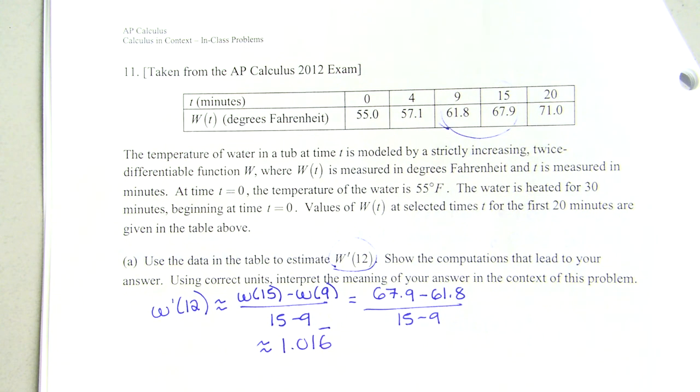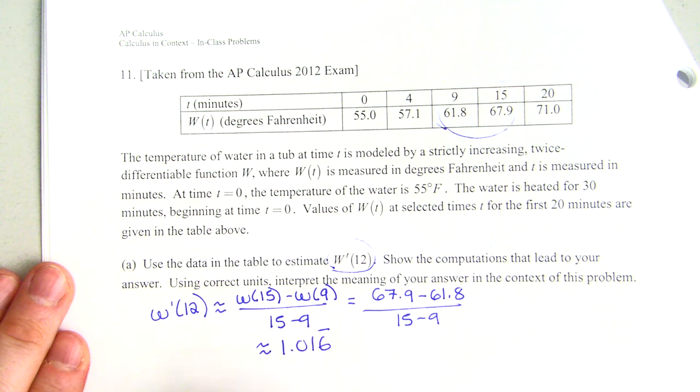See if you can give me an interpretation. W of t is the temperature of the water. What does w prime of 12 mean? And make sure your explanation refers to the 12 and also put some units on things. W is the temperature, W prime is the rate of change of the temperature.